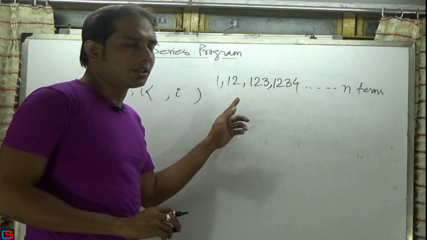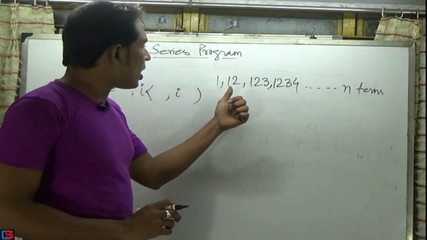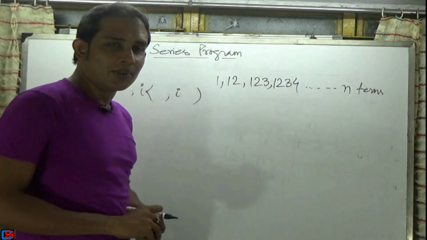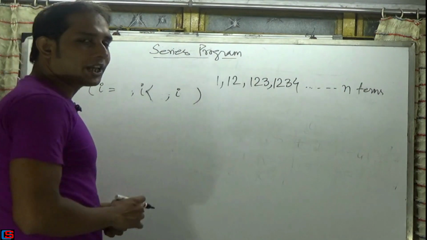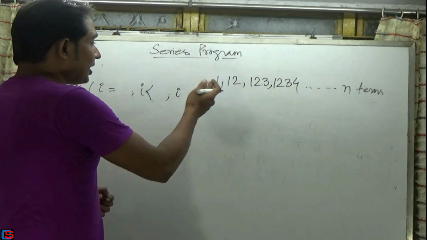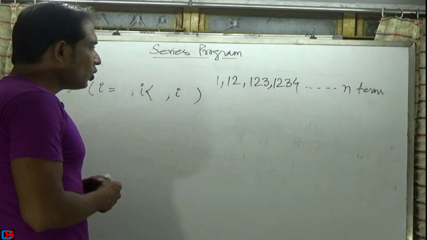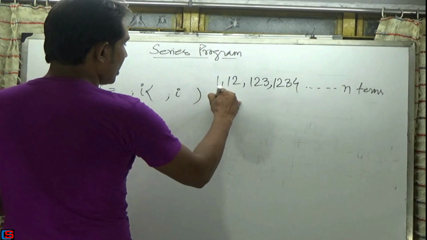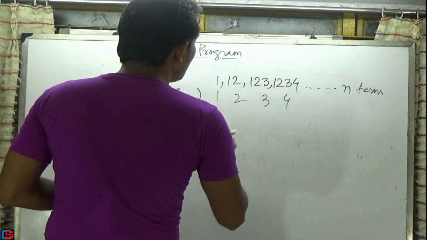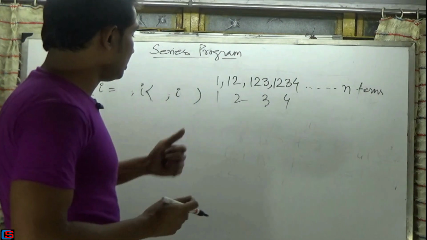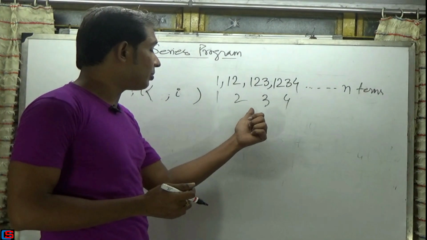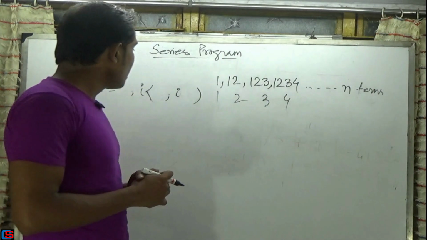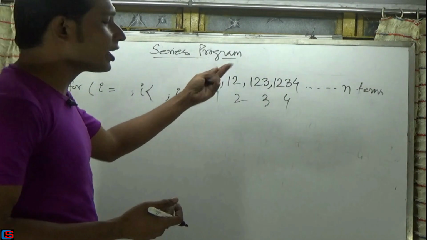Now in this series program, you can see 1, 12, 123, 1234 and up to n terms. So the final value is n. What is the initial value? I am going to write the position of each number: 1, 2, 3, 4, as in the previous tricks, but we cannot generate this series from the position value alone.